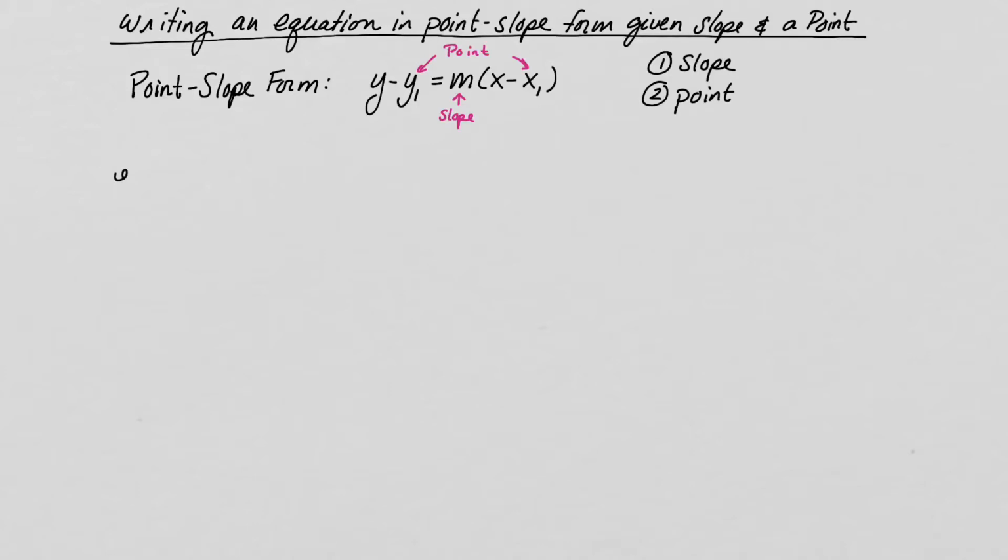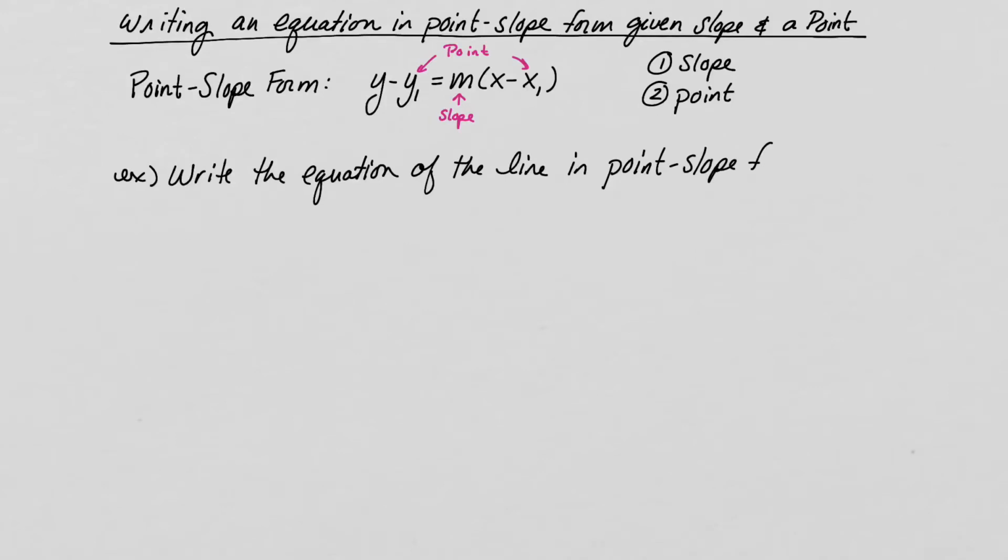So for example, write the equation of the line in point slope form given A, the point (4, -9) and slope -5.